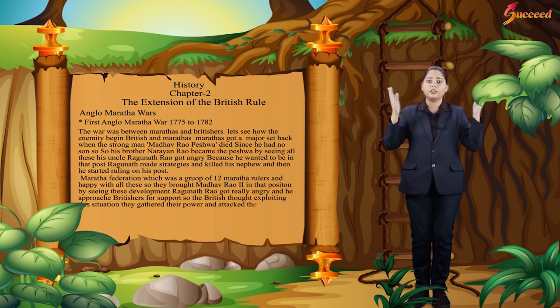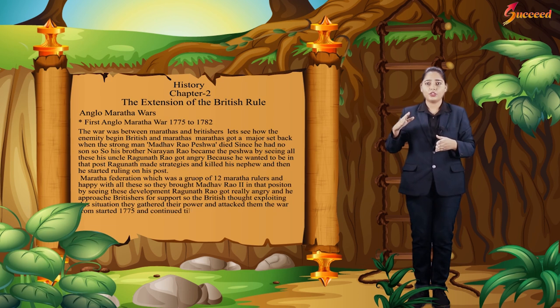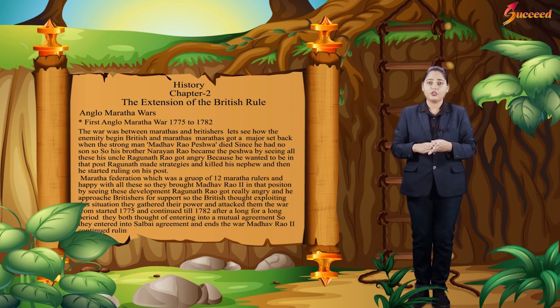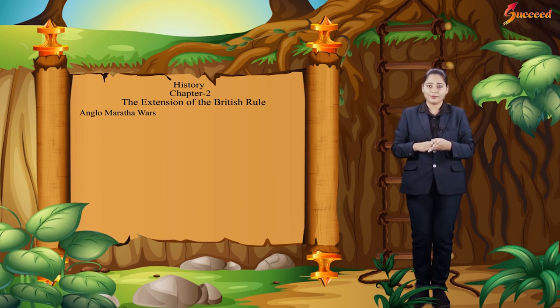The war started in 1775 and continued till 1782. After a long period, both thought of entering into a mutual agreement. So, they entered into the Salbai agreement and the war ended. Madhav Rao II continued ruling as Peshwa.